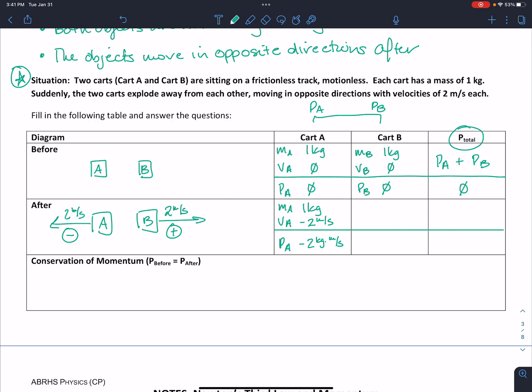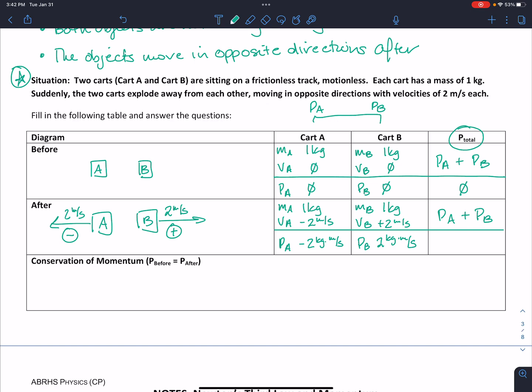For cart B, I've got the mass of B and the velocity of B, so 1 kilogram and a positive 2 meters per second. If I multiply those, I get my momentum, which is 2 kilograms times meters per second. Just like before, the momentum of A plus the momentum of B will be the total momentum, and this time it's for after.